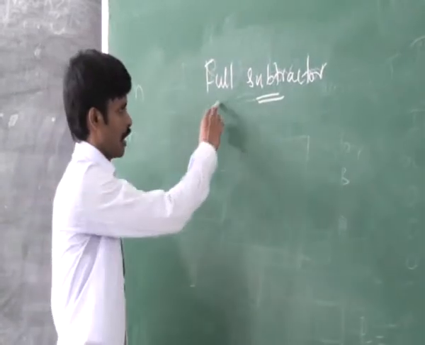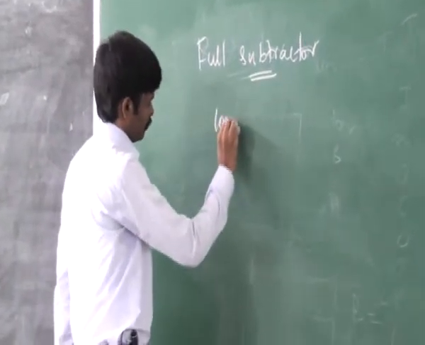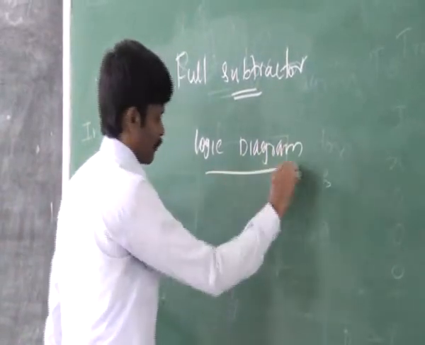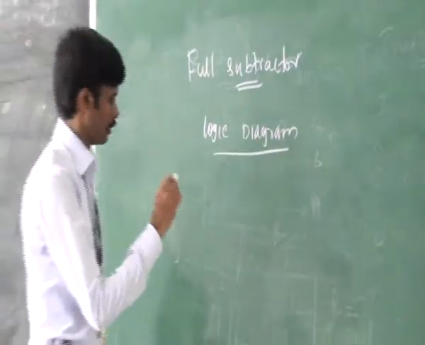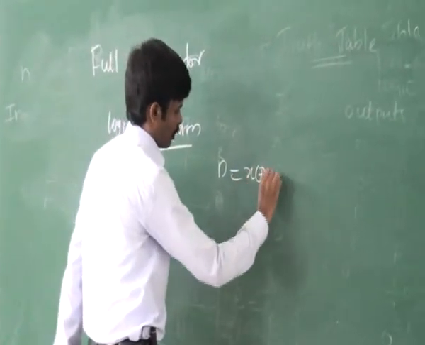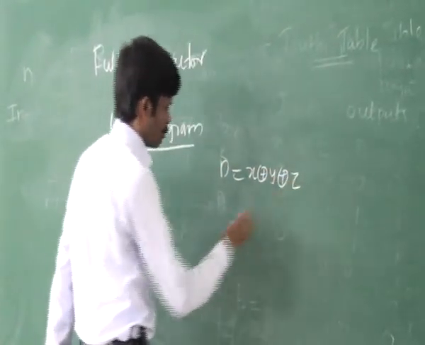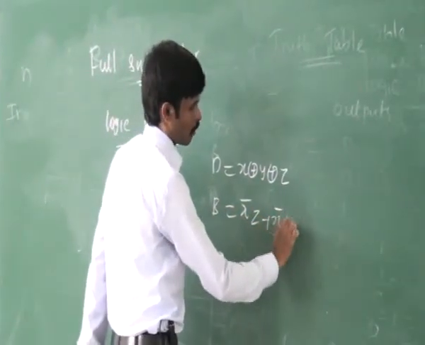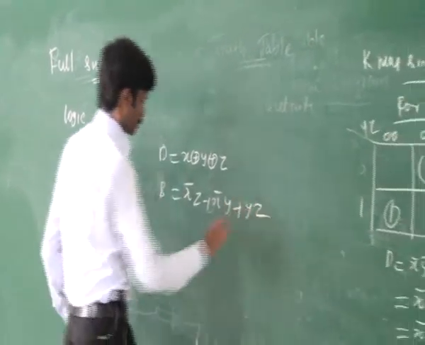Now let us see the logic diagram for full subtractor. The difference expression will be D is equal to x XOR y XOR z. Then the borrow expression will be x bar z plus x bar y plus y z.